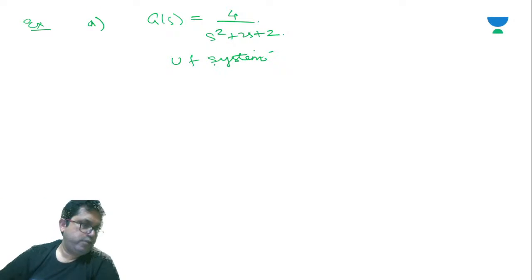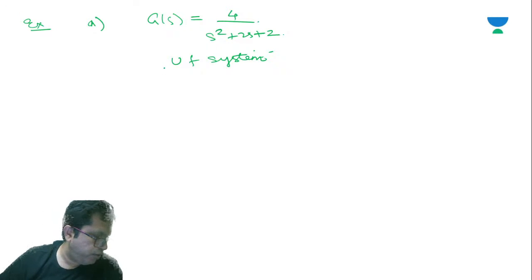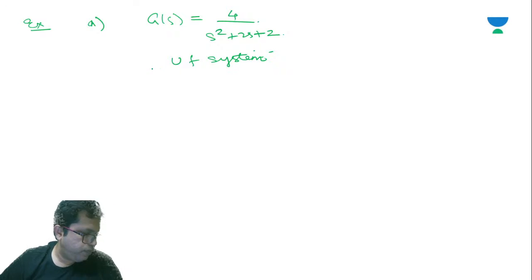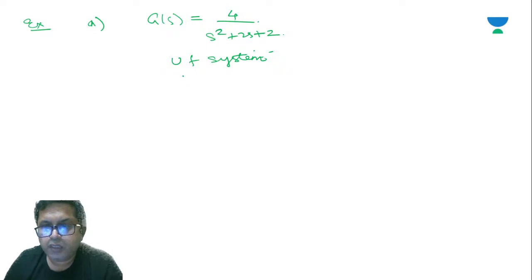You have to convert the transfer function to state space form and find out the step response. Okay, so let us write down the program. So this is the program.